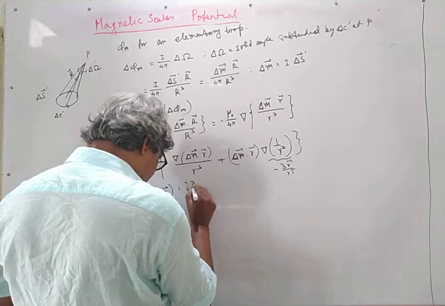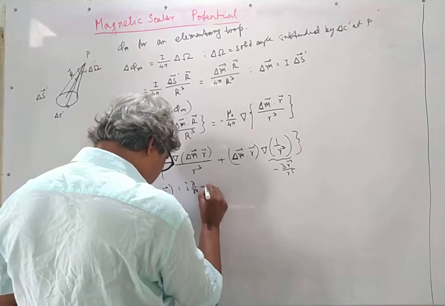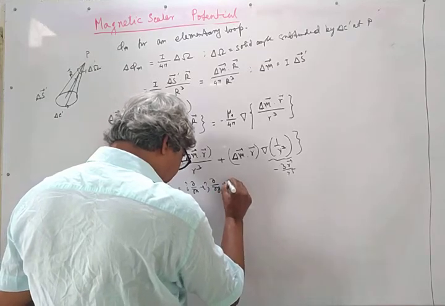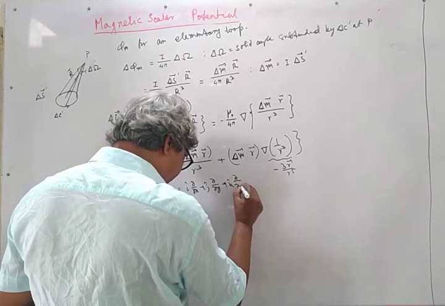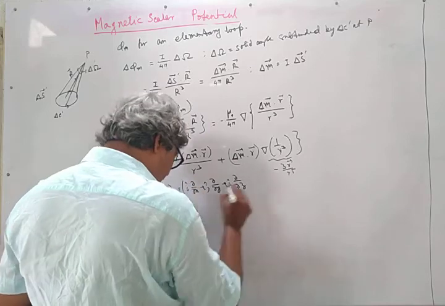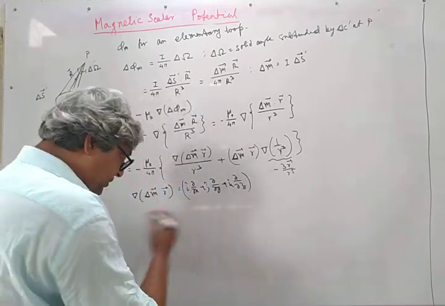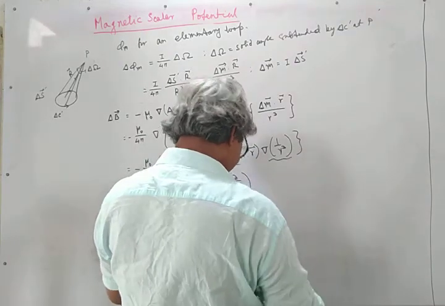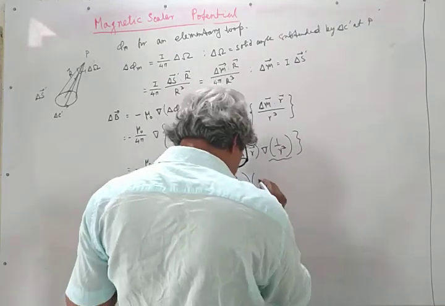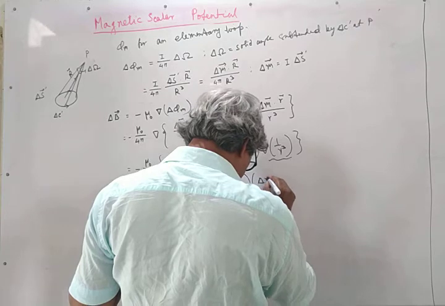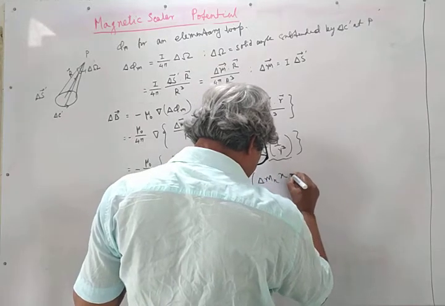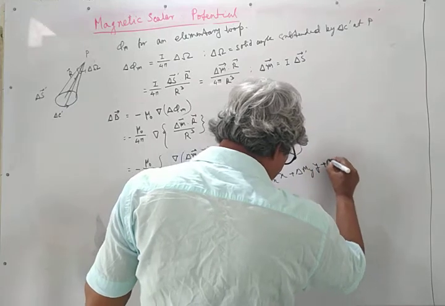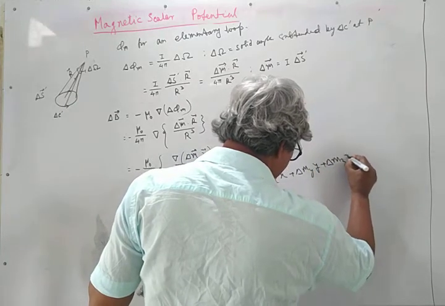We write this as, and for the alternative way you look at the calculation of field for an electric dipole, delta mx times x plus delta my times y plus delta mz times z.